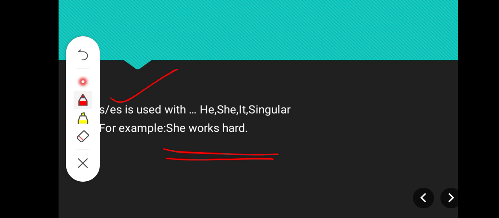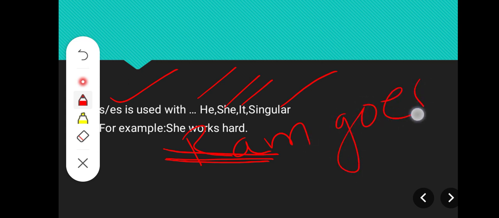S and ES are used with he, she, it, or any singular noun. She works hard, or Ram goes to fair.